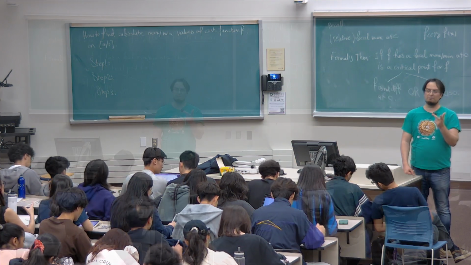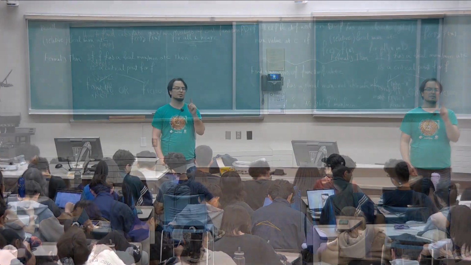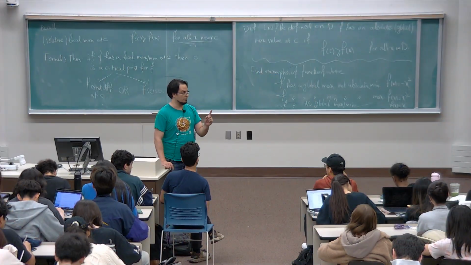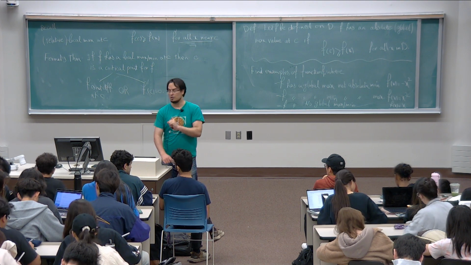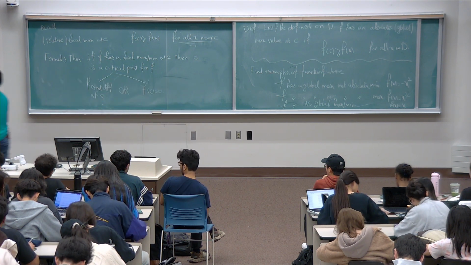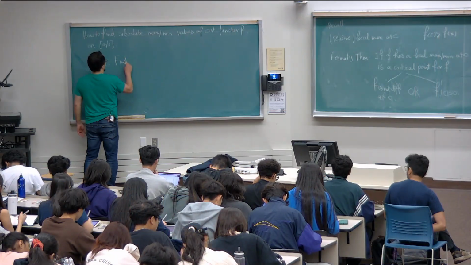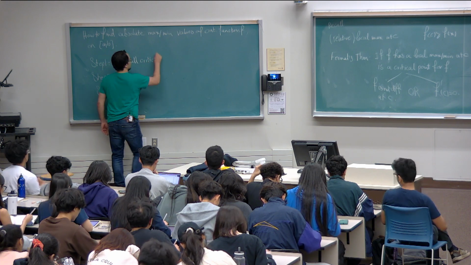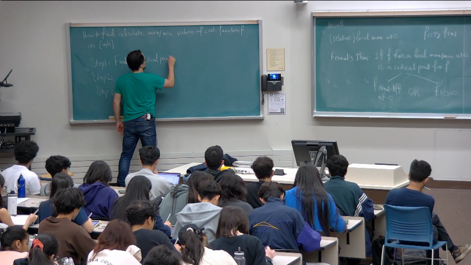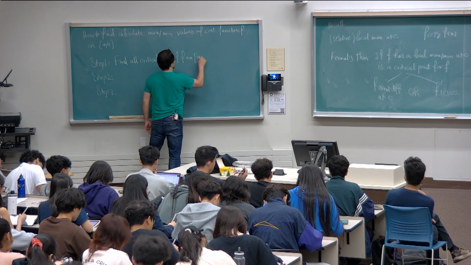Absolute max and min can either happen at critical points or at the end points of the interval. So we will go find all critical points of f on the given interval.